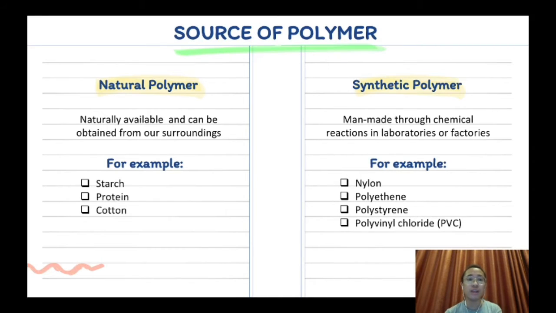They are naturally available and can be obtained from our surroundings. For example, starch, protein, and cotton. The second one is synthetic polymer. It is man-made through chemical reactions in laboratories or factories. For example here, nylon, polyethylene, polystyrene, polyvinyl chloride, which is PVC.